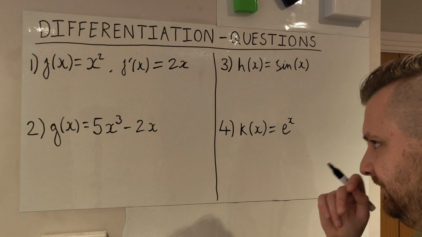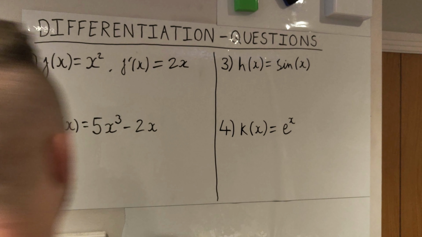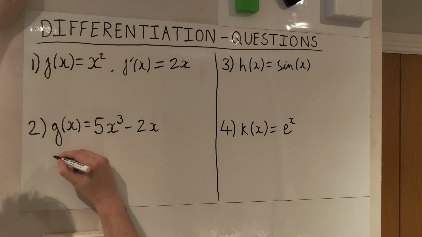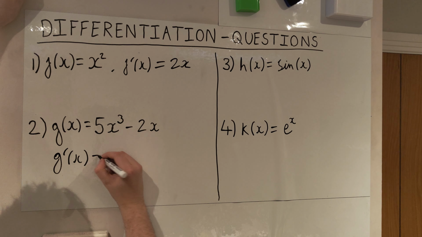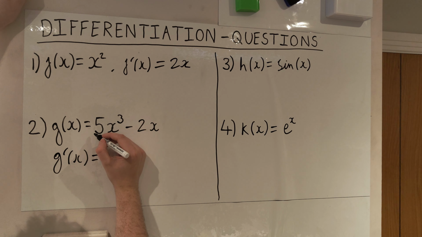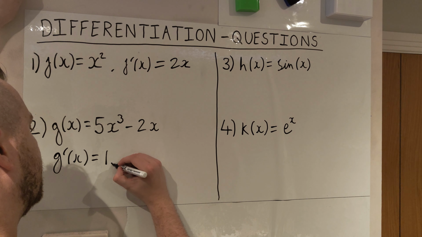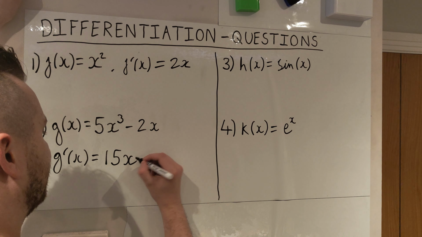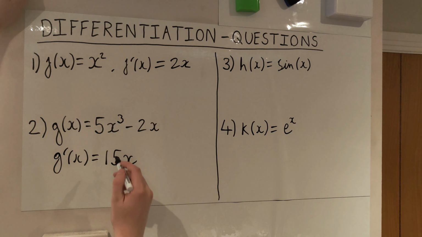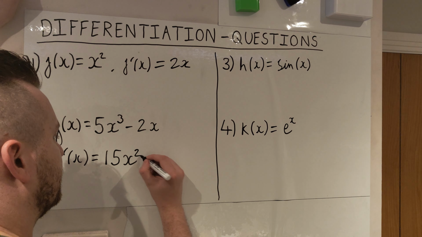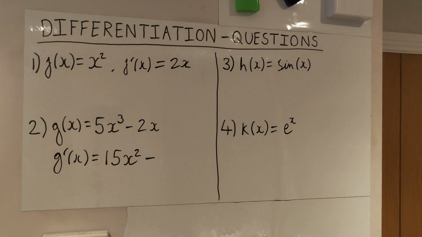So we'll do the same here. So g dash of x is equal to, bring that down here, so 15, I had to remember whether I was doing it right for a sec. So you bring the power down, you times it, so it'd be 15x, take 1 off the power, so you've got 2, minus.